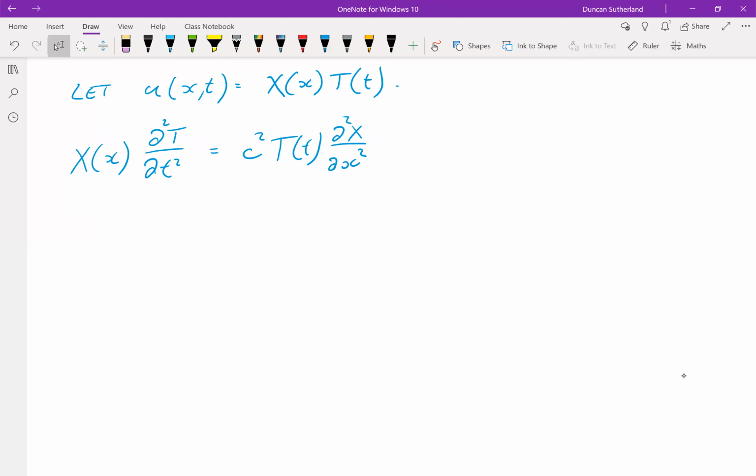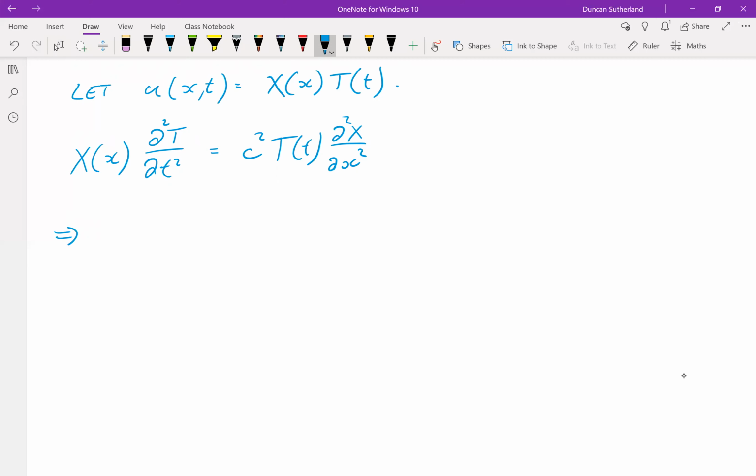Usually you associate this c, which is a wave speed, with time, because that's what makes sense. It doesn't actually matter where you put it, it'll all come out in the wash when you finish your solution.